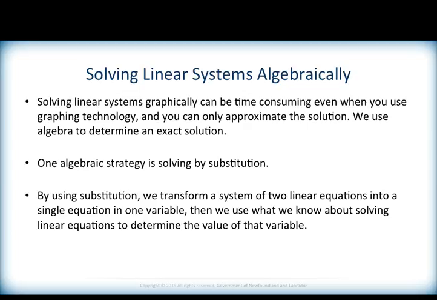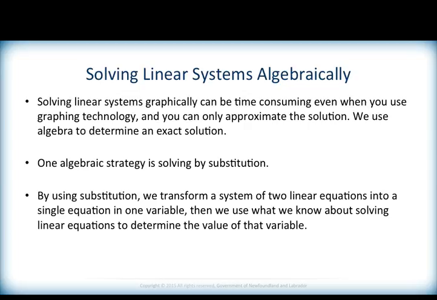We want an exact solution, and we want to be able to do that fairly quickly if we have numerous questions to check. So moving away from the graphical method, we're going to look at one such algebraic strategy, which is substitution. By using substitution, we transform a system of two linear equations into a single equation in one variable.